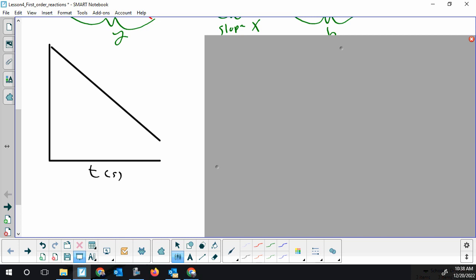The y needs to be the natural log of concentration over time. The initial value will be our b, so we're going to start at the natural log of concentration at the very beginning. And our slope is minus k.